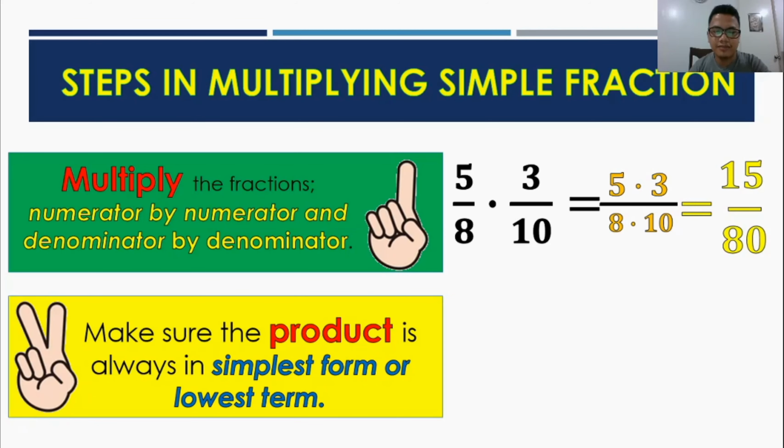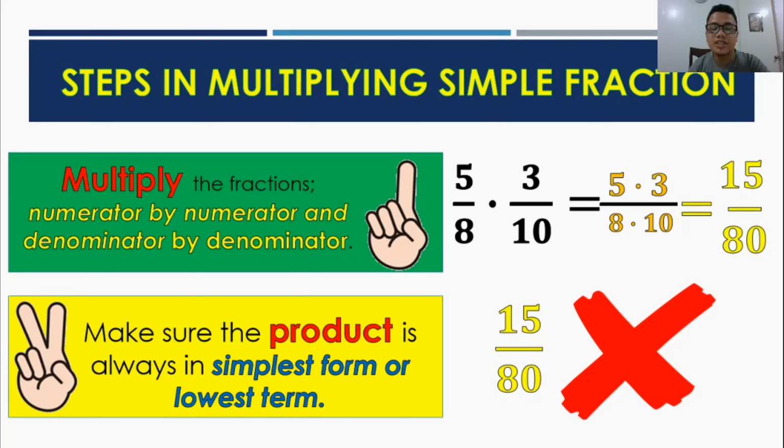Okay, second step. Make sure the product, or the final answer, should always be in simplest form. So 15 over 80, is it in simplest form? Okay, it's not. Okay, because we could still look for its common factors or GCF. And our GCF this time is, I'll give you 5 seconds to think.